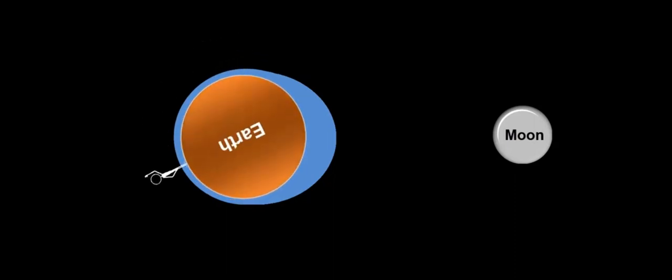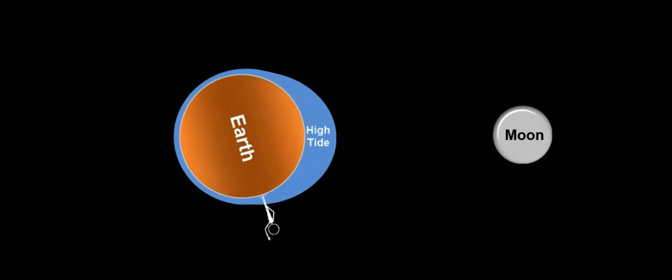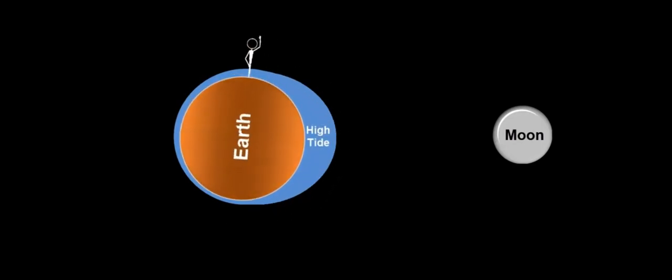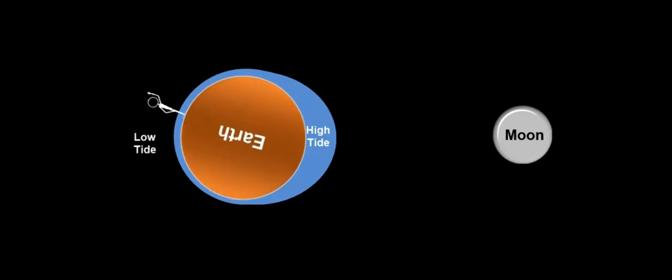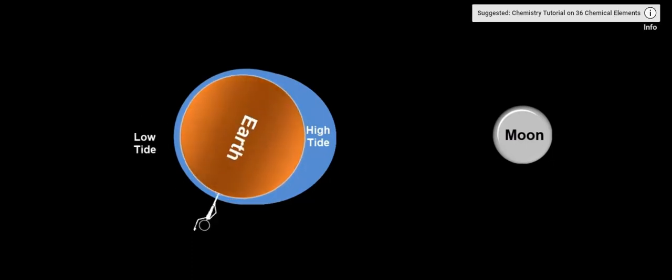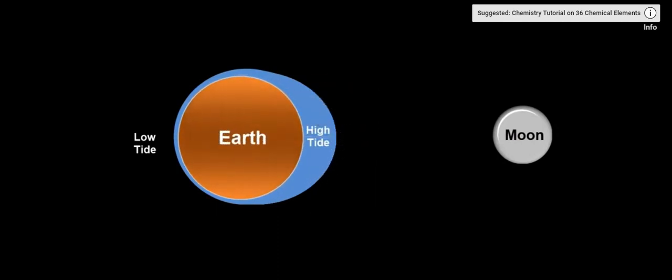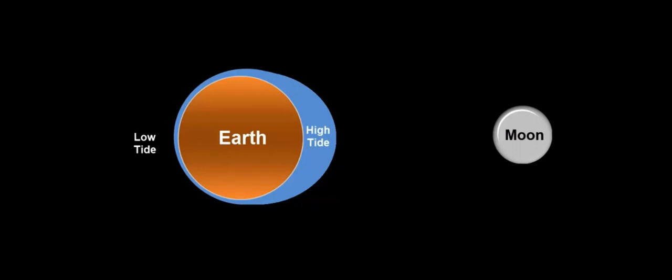When the Earth rotates, the sea level is higher at this point in its rotation, causing a high tide. And a low tide where the oceans don't bulge. So you'd expect one high tide each day. Nope. But here it gets interesting because there are 2 high tides a day.